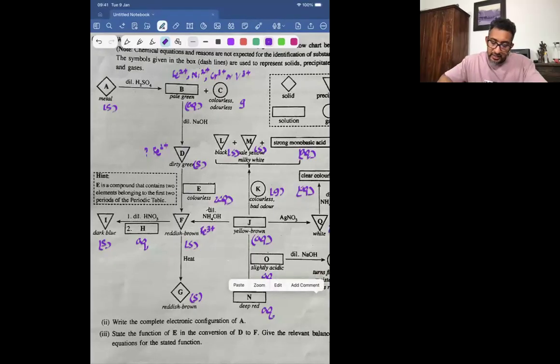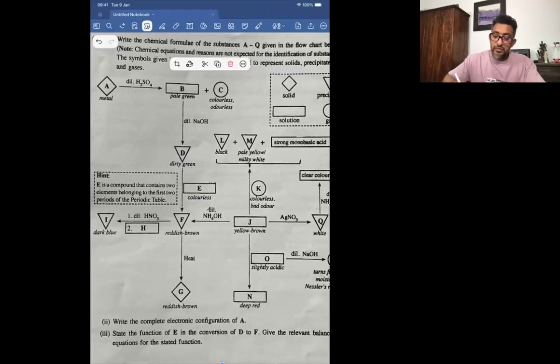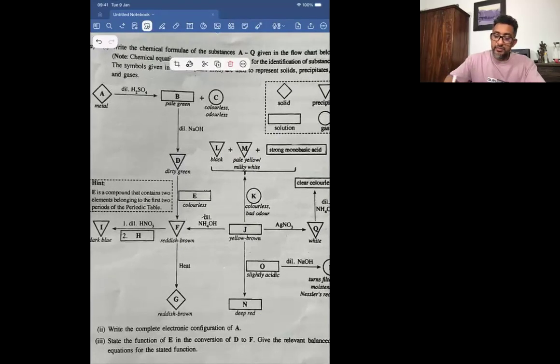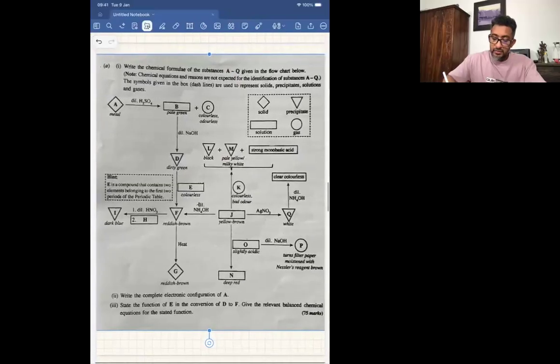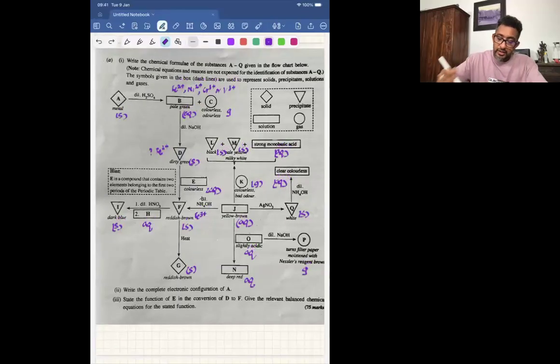Dilute nitric and then H+. Oh, yeah. Go back to that. Right, okay. So the Fe3+. Dilute nitric and you add H+.